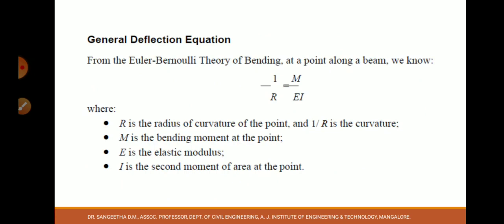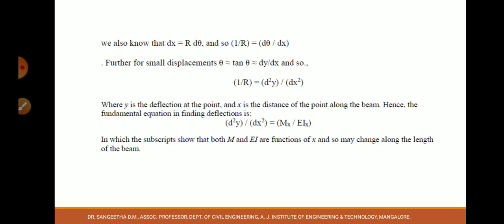The general deflection equation from Euler-Bernoulli theory is M by EI is equal to 1 by R, where R is the radius of curvature, M is the bending moment at a point, E is Young's modulus of elasticity, and I is the second moment of area at a point. We also know that dx is equal to R into d theta. So, 1 by R is equal to d theta by dx.